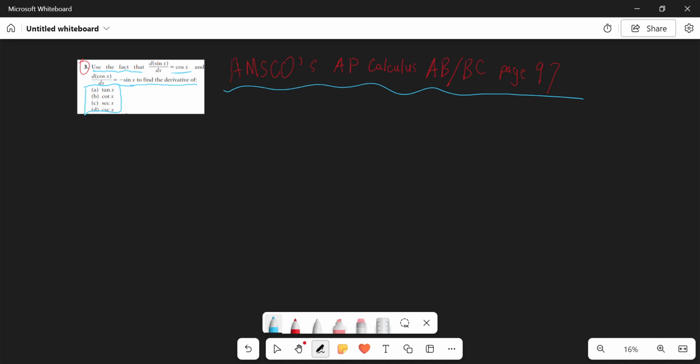So these are the hints given, which we can see: the cosine x derivative equals negative sine x, and the sine x derivative equals cosine x. These are small little givens to note down on the side.